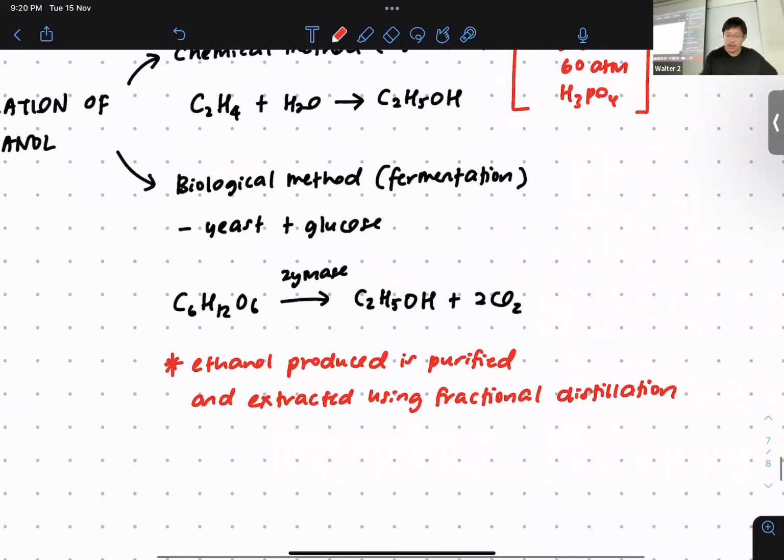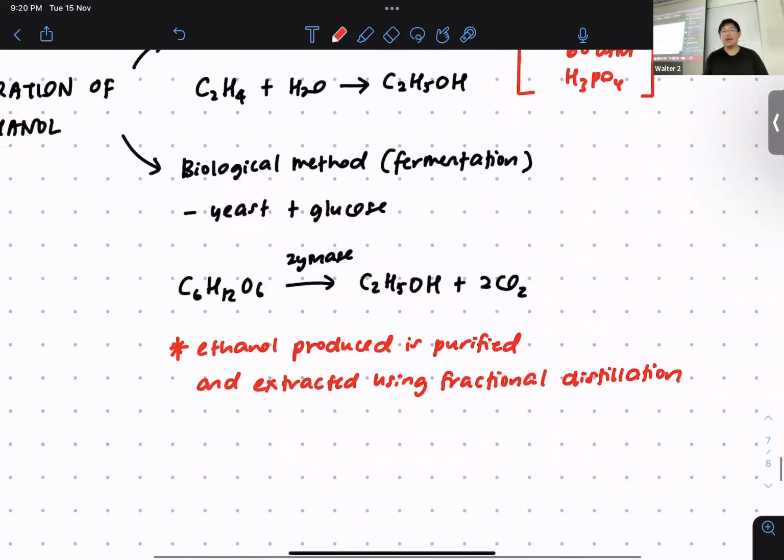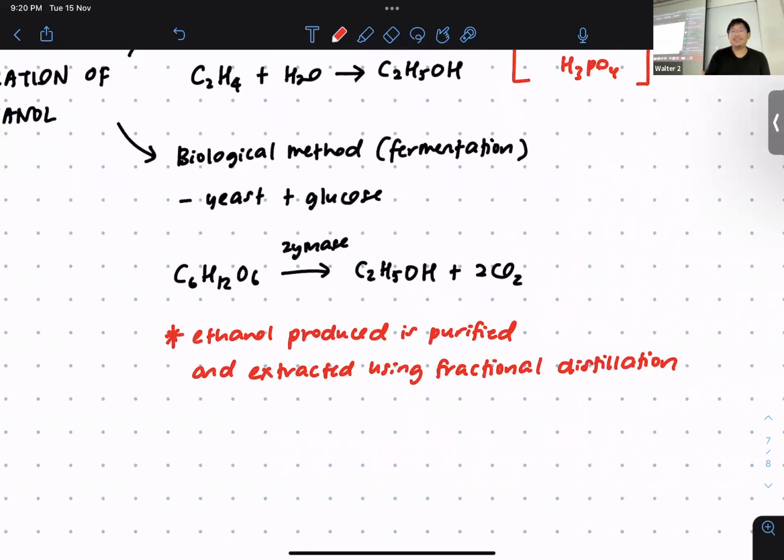So how does it work? Ethanol has a boiling point of 78 degrees Celsius, while water boils at around 100 degrees Celsius. So when you heat up the whole mixture, alcohol will boil over first. Then your distillate will be the alcohol itself, the ethanol.